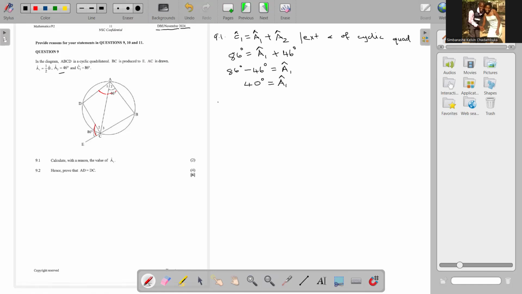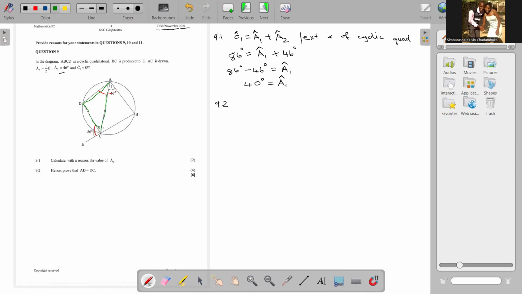Question 9.2, what are we required to prove? They are saying, hence prove that AD is equal to DC. If we are to prove that AD is equal to DC, one way of proving that is to concentrate on triangle ADC.